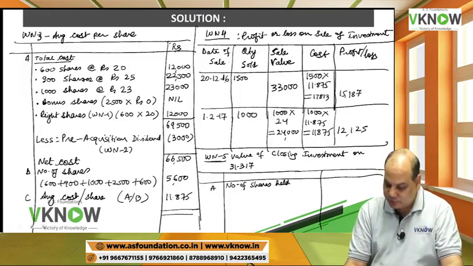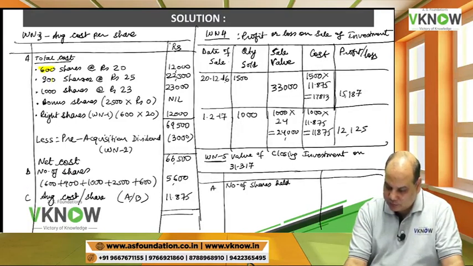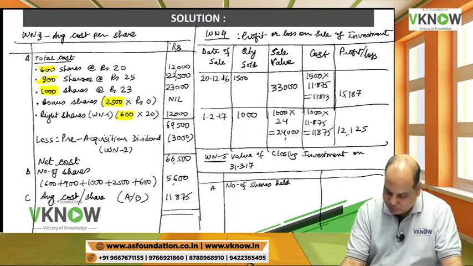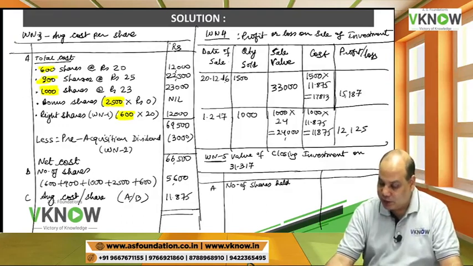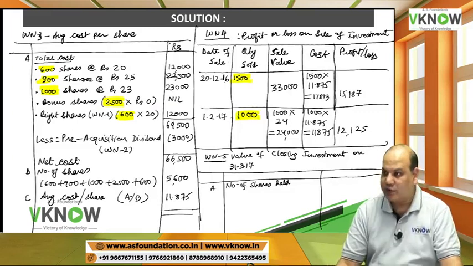You have 600 plus 900 plus 1000 plus 2500 plus 600 minus sold 1500 minus 1000 sold.